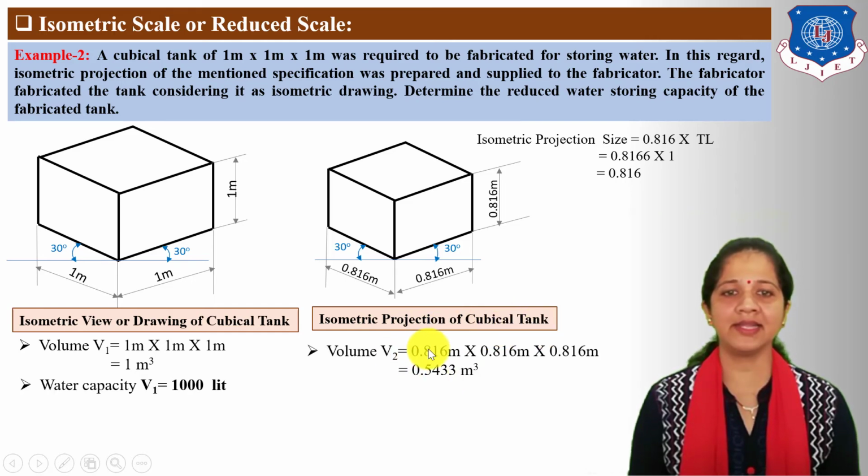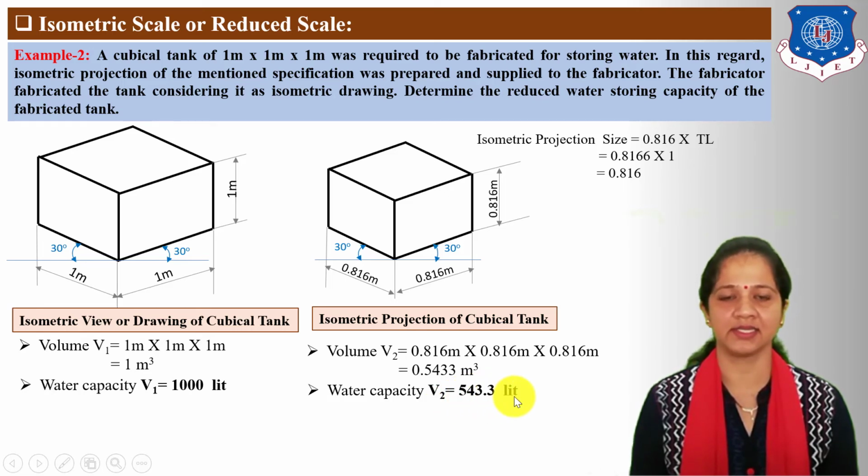Here, length is 0.816 meter, width is also 0.816 meter and height is also 0.816 meter. So, V2 volume is equal to 0.5433 meter cube. So, water capacity V2 in liter is equal to 543.3 liter.